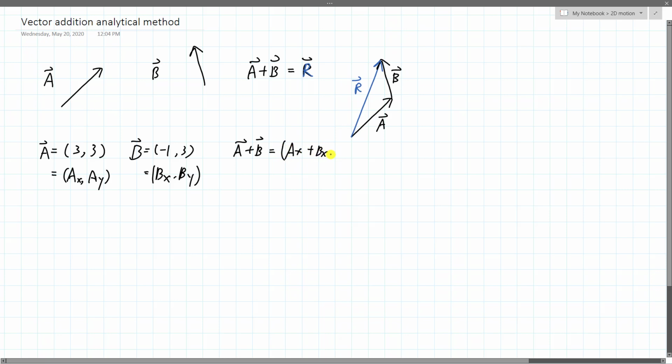So these are the x components added together for the new x component, and then ay plus by, the new y components. So 3 minus 1, and then 3 plus 3. So we have 2 and 6 as our resultant x, resultant y.